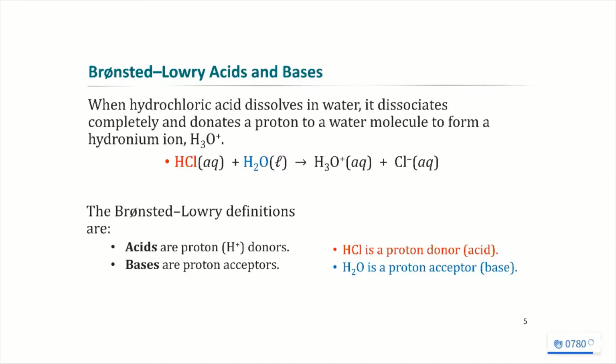Under the Bronsted definitions, an acid is basically any substance that will give away a proton, or an H+ ion, when it comes into contact in a reaction.